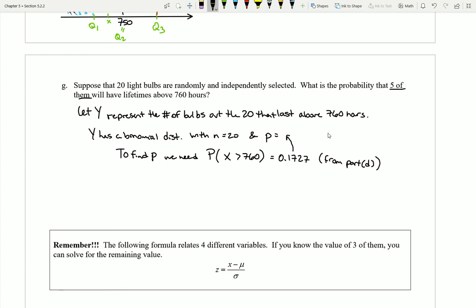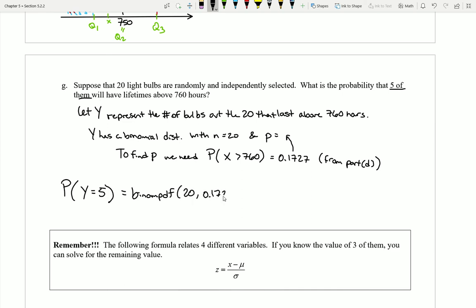So if p is 0.1727, then what we want to compute overall is what are the chances that the number of light bulbs that last over 760 hours is going to be exactly 5 of the 20 light bulbs. So that's a binom PDF where I have 20 light bulbs.